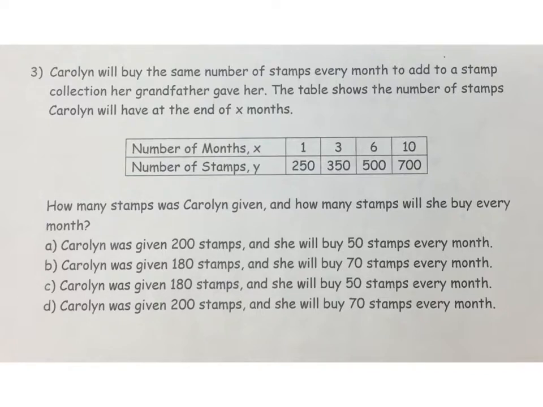Okay, number 3. Caroline will buy the same number of stamps every month to add to a stamp collection her grandfather gave her. The table shows the number of stamps Caroline will have at the end of X months.